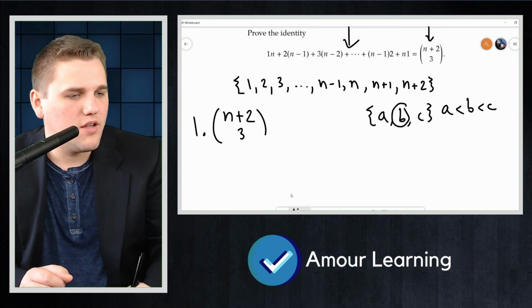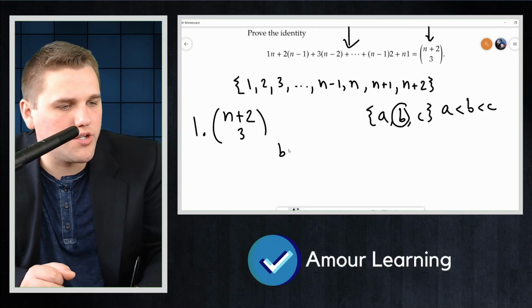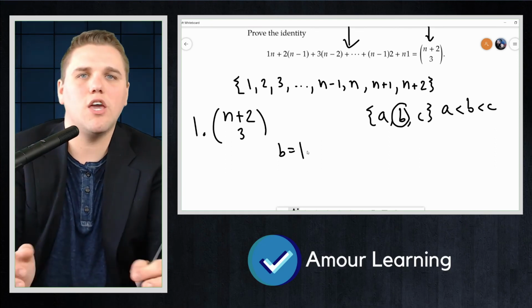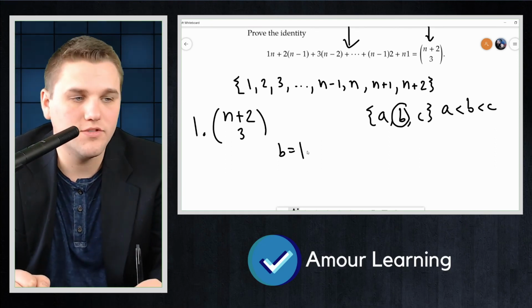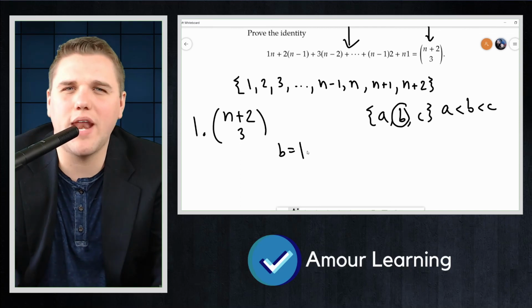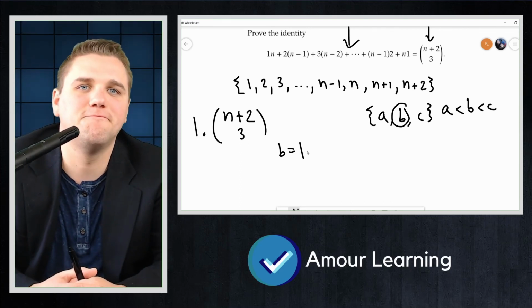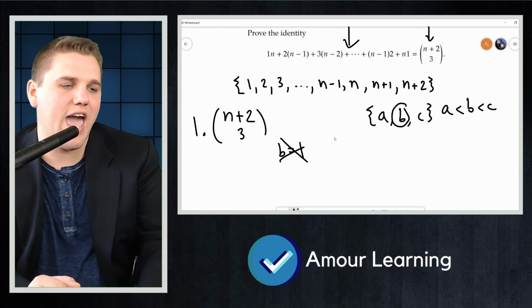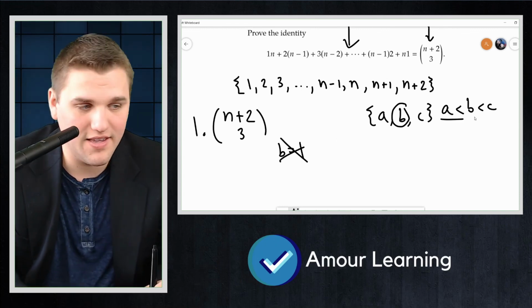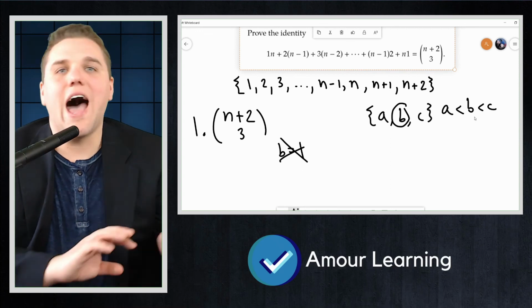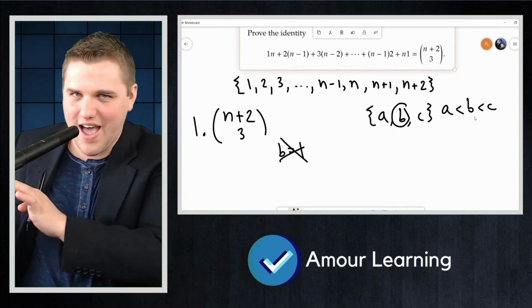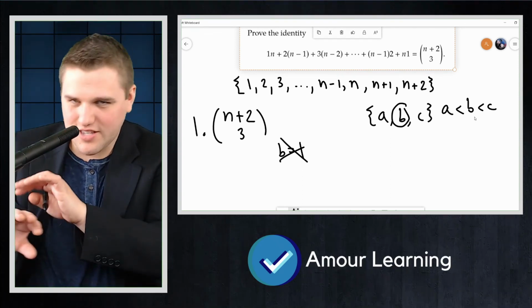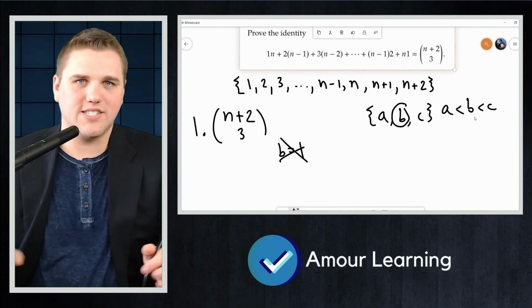Let's start with B equals 1. Can B equal 1? No, that's not possible, because then what would A be? B can't be 1, because A has to be less than B. So let's ignore B equals 1.